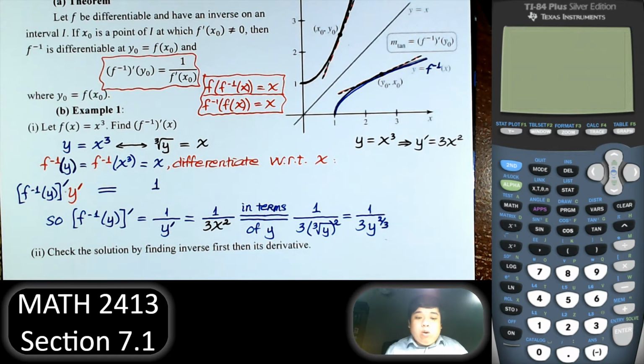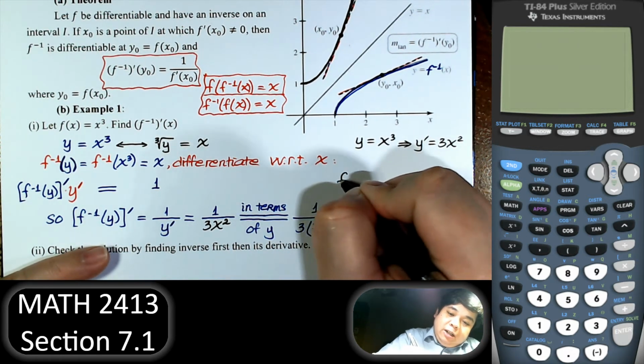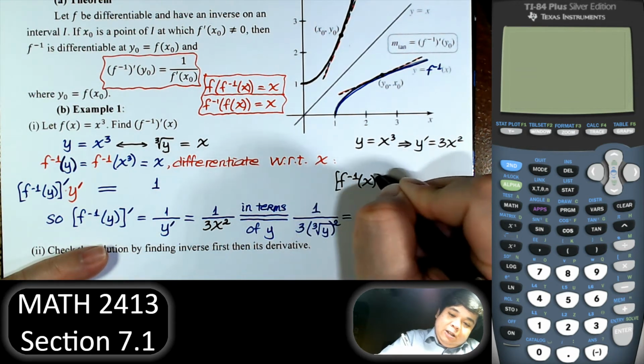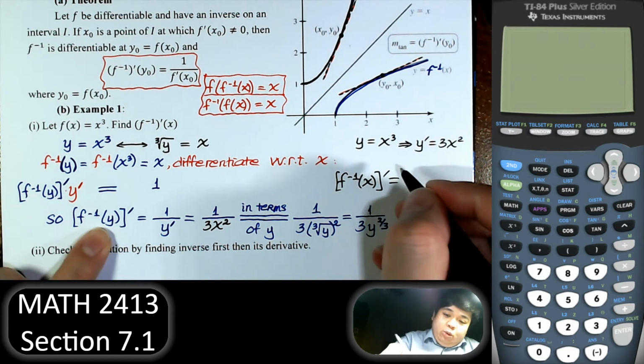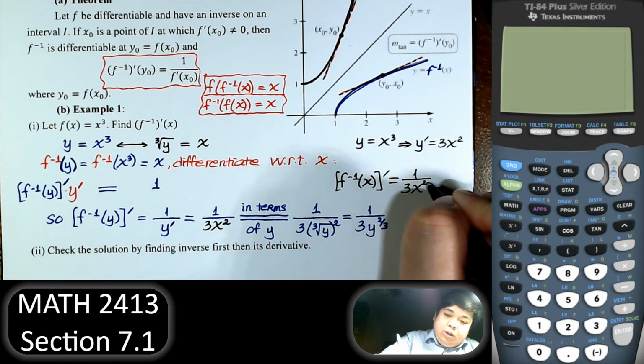And then if we want to write the answer, we can write the inverse in terms of x. If we change y to x, then we will have 1 over 3 x to the 2/3.